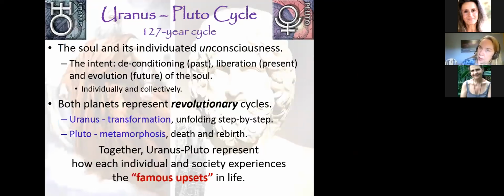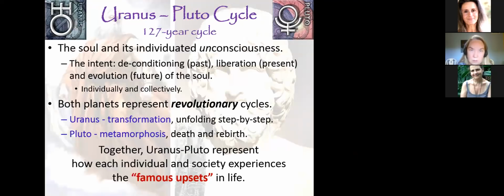This works on a collective level as well. Everything we say on these screens, you can apply it individually, you can apply it collectively to groups of people. So when we look at Uranus-Pluto as a planetary pair and their cycle together, we're looking at the soul and its individuated unconsciousness.